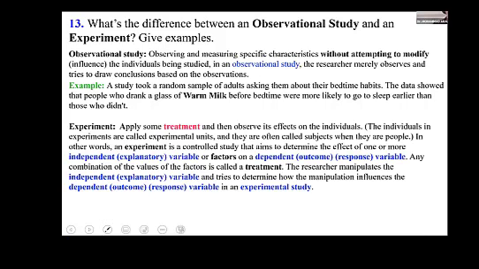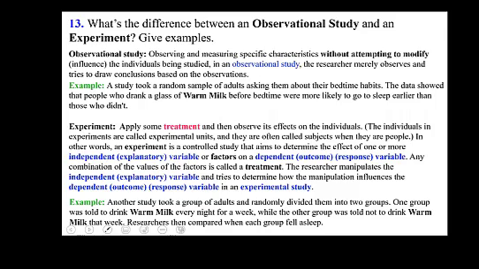Let's look at an experiment. Apply some treatment and then observe its effects on the individuals. The individuals in experiments are called experimental units, and they are often called subjects when they are people. In other words, an experiment is a controlled study that aims to determine the effect of one or more independent explanatory variables or factors on a dependent outcome response variable.